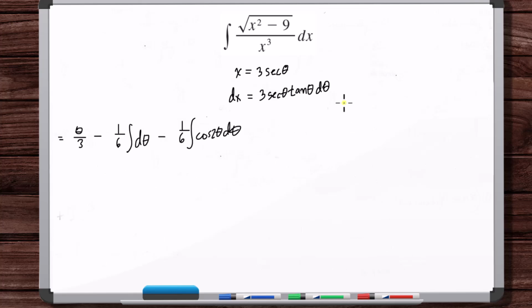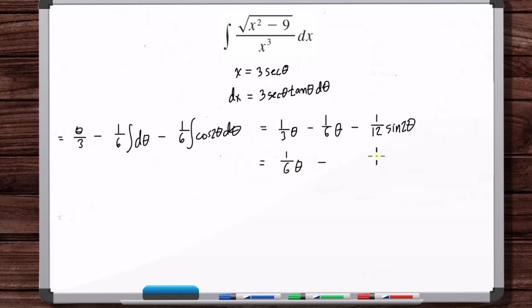So 1/3 theta minus 1/6 theta, and then the integral of cosine 2 theta is 1/2 sine 2 theta. So 1/12 sine 2 theta. Okay, 1/3 minus 1/6 is 1/6.